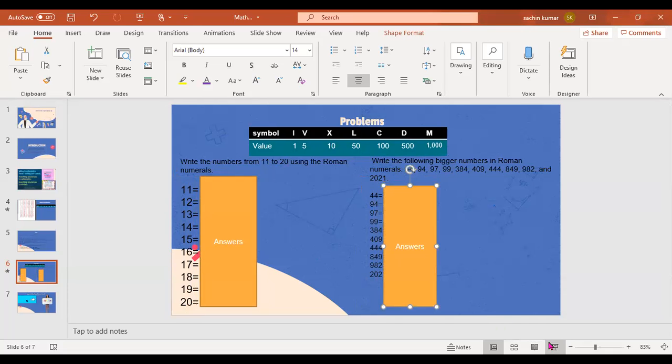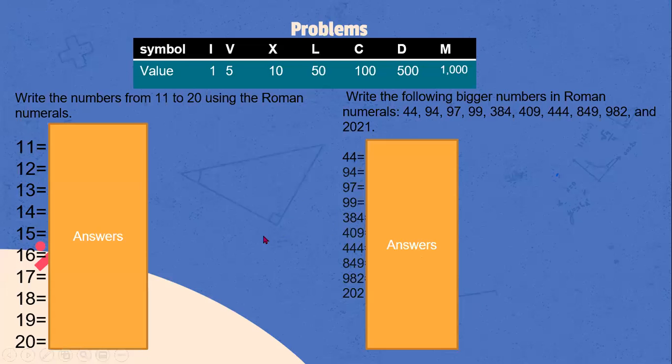And the second one is: write the following bigger numbers in Roman numerals: 44, 94, 97, 99, 384, 409, 444, 849, 982, and 2021, which is the year we're in right now.